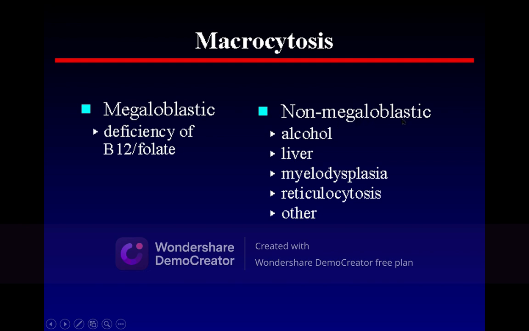Although it is not megaloblastic, it is macrocytic. So in hematological reporting of a macrocytosis, the hematologist or histopathologist will call it megaloblastic anemia, while clinicians will say it is macrocytic anemia, because they have not done the bone marrow, they don't know about it.